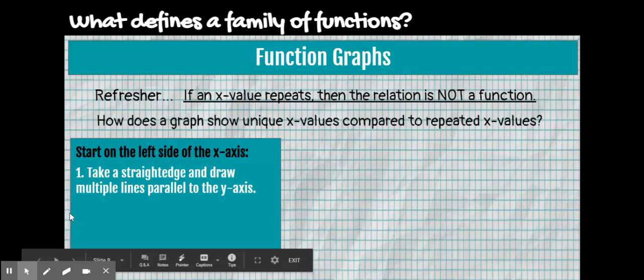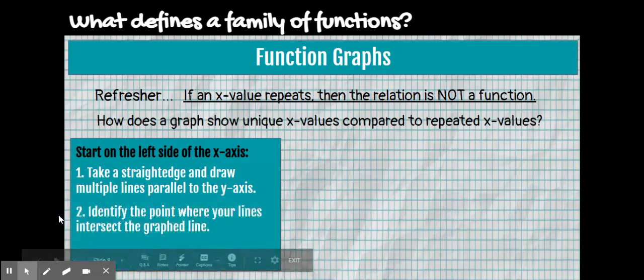What we're going to do is draw multiple lines that are parallel to the y-axis. Since the y-axis is vertical, we're going to draw more vertical lines that are parallel, and we're going to use those vertical lines to see if this is a function or not. So the way we do this is we draw vertical lines.